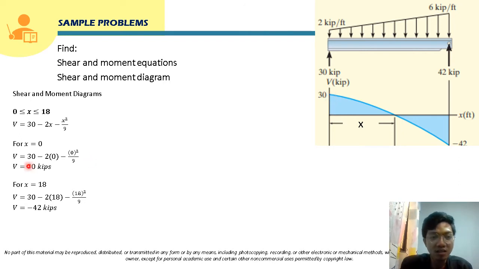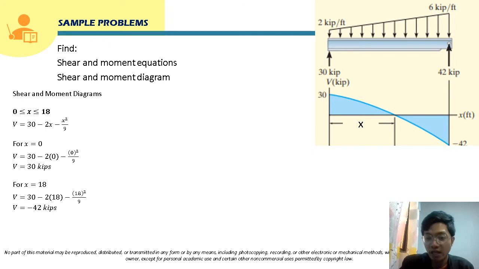This is positive, so it will be plotted above the x-axis. So this will be 30 here. For the next point, at the other end, x equal to 18, this is negative 42 kips, so it will be plotted below the x-axis. So this will be 42. So we have 2 points here, the shear here, and then the shear here.